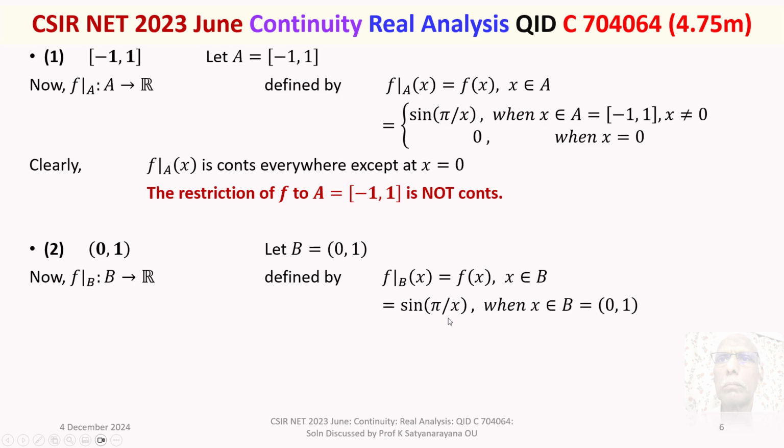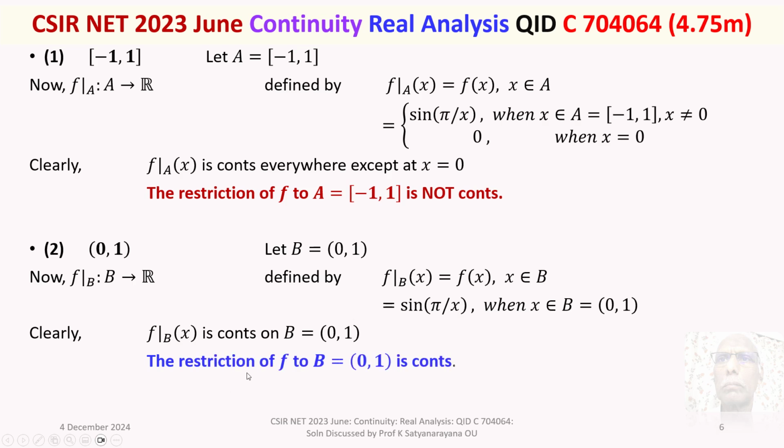Therefore, sin pi by x is continuous at every point of the open interval 0 to 1. Therefore, f restricted to B is continuous on B, that is the open interval 0 to 1. Thus, the restriction of f to the open interval 0 to 1 is continuous. So, for option 2, it's okay.